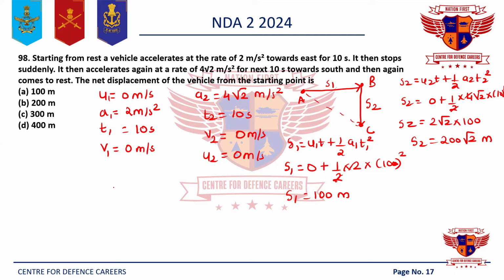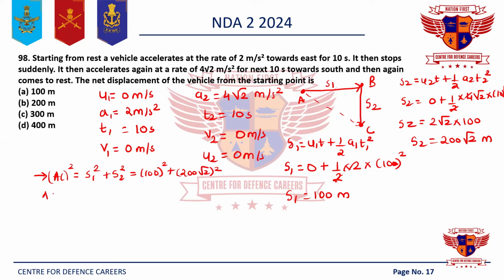Now applying Pythagoras theorem, we get AC square will be equal to S1 square plus S2 square. And that will be equal to 100 square plus 200 root 2 square.